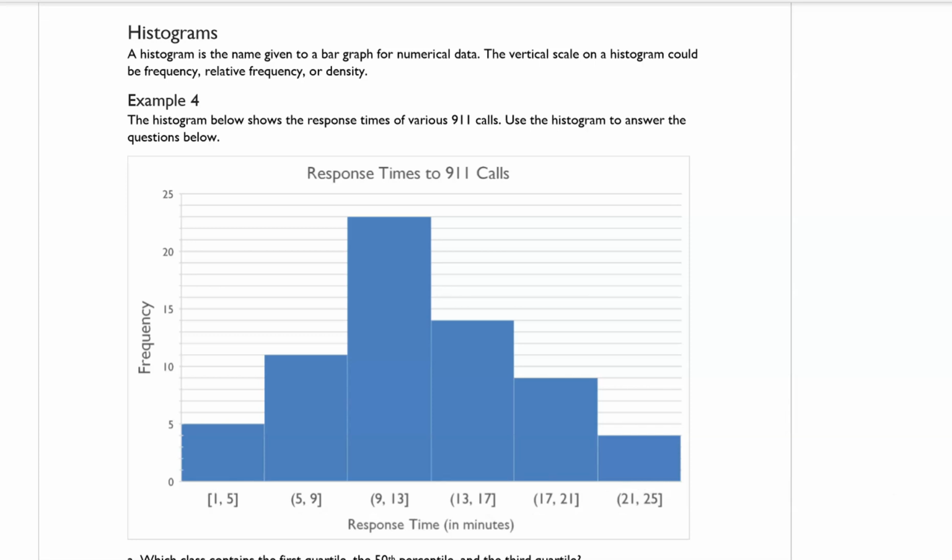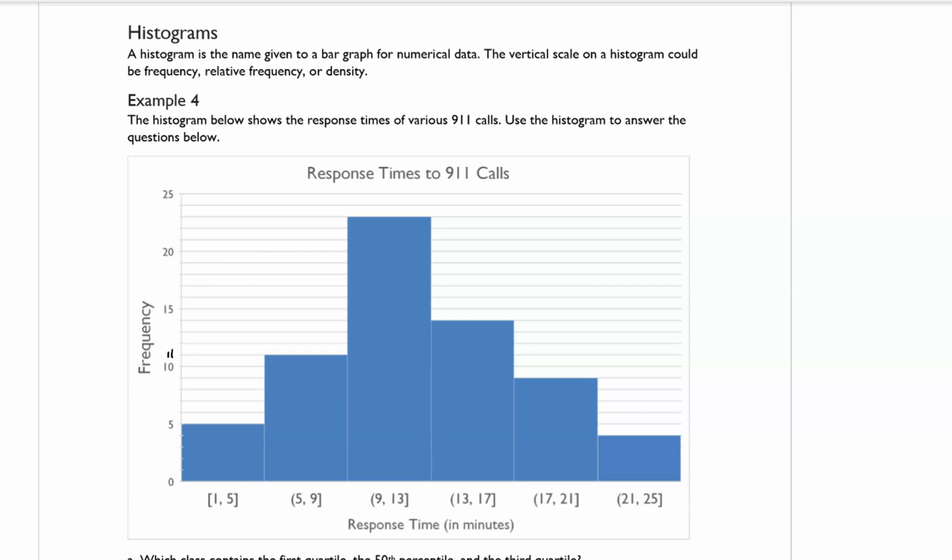So how we read this is that if we look at this first bar here, there were 5 911 calls where the response time was somewhere between 1 and 5 minutes. And then let's read the next bar. If we look at this bar, this is 11. And so that means that 11 out of all of these 911 calls, the response time was somewhere between 5 and 9 minutes.